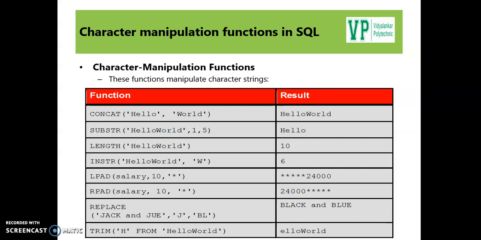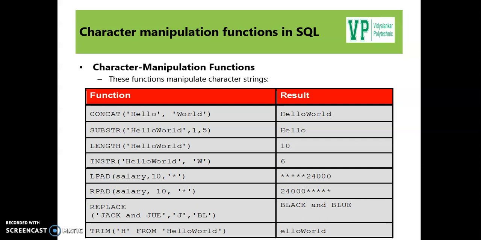And you can see the output. From the left side, some places are filled with the asterisk sign and then we can see 24000. This 24000 is nothing but the actual salary, and the total size of the output is 10 characters.